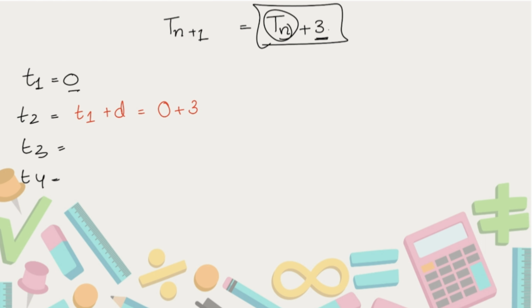So it would be 0 plus 3, we get 3. We take term 2, that is 3 plus the common difference, that becomes 6. We take t3 plus common difference, that would become 6 plus 3, that is 9. So we have got a sequence, that is 0, 3, 6 and 9.